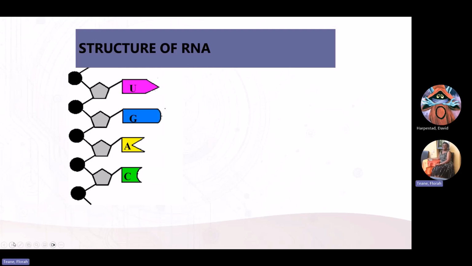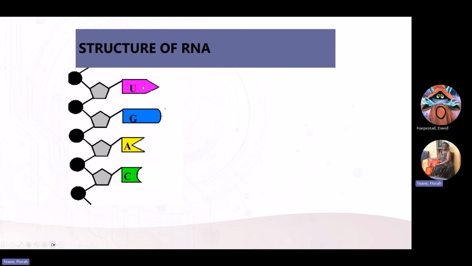Look at the nitrogenous bases. U stands for uracil, and G for guanine, A for adenine, and C for cytosine. Remember I said guanine, adenine, and cytosine are also used to form the structure of DNA.